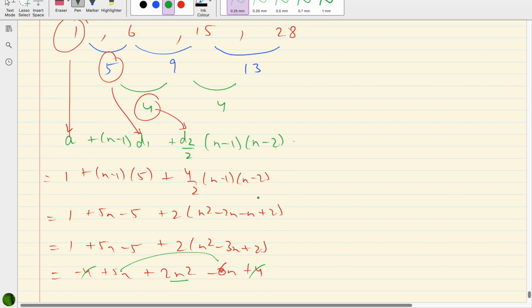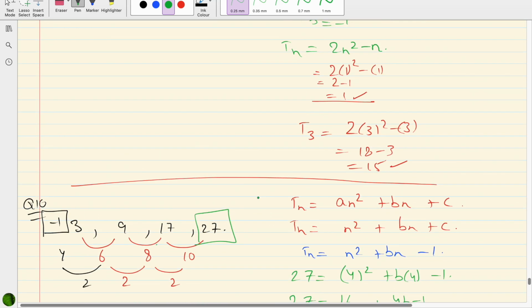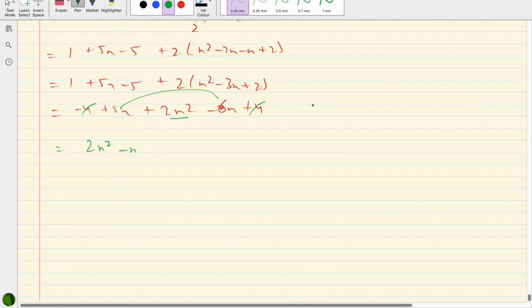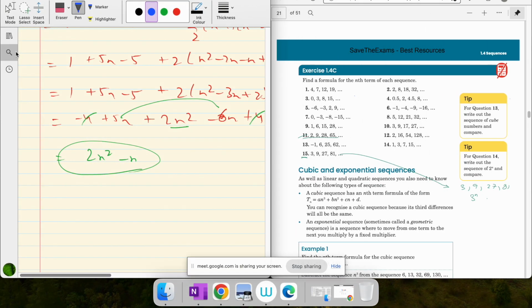So this is your formula: 2n square minus n. Clear? Any questions? Okay.